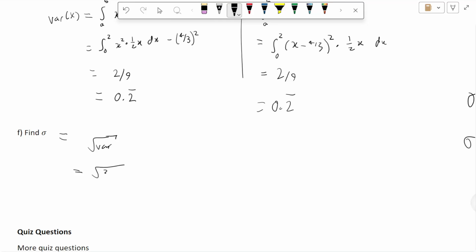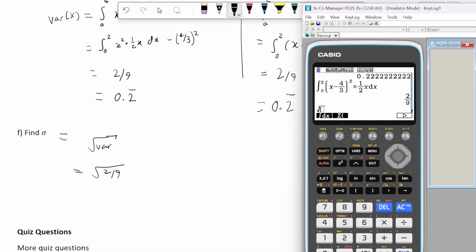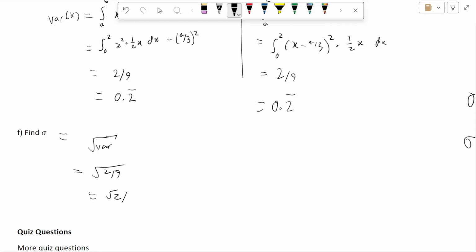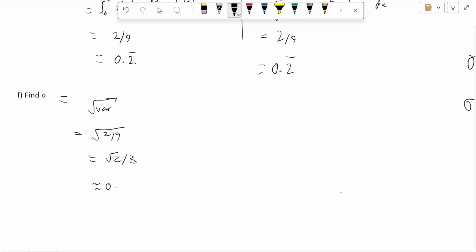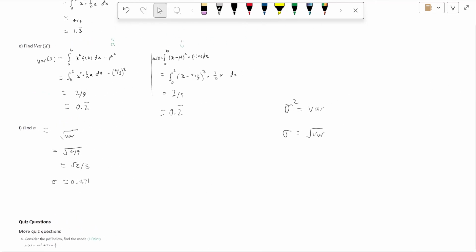So it's square root of 2/9, which we can just pop into our calculator. The square root of answer, root 2 over 3 if you want. But since we're in stats, we're usually doing real world problems, so they tend to like decimals. So we better convert that, 0.471. So that is the standard deviation.